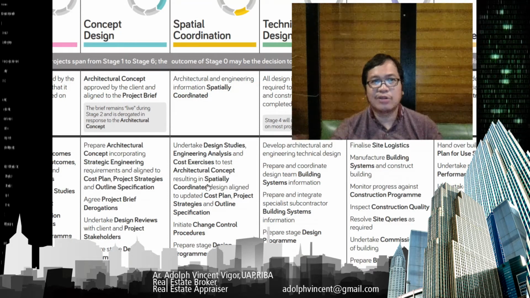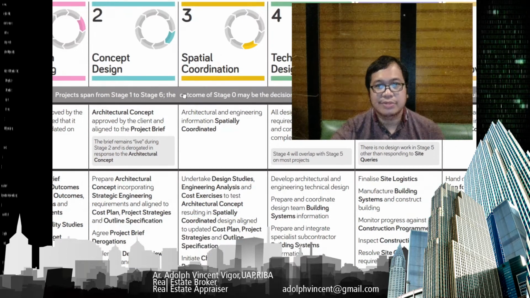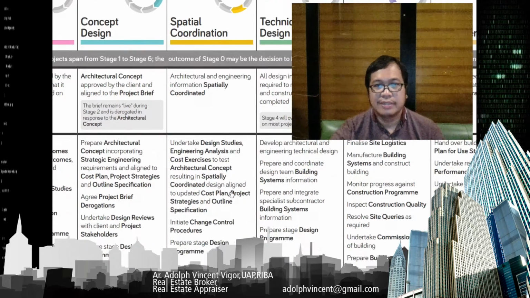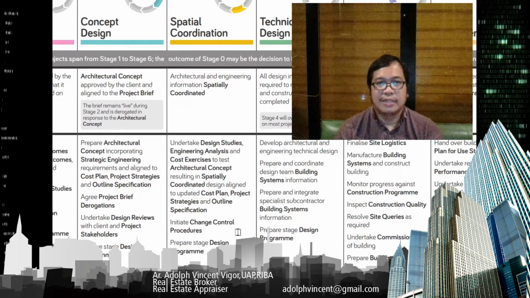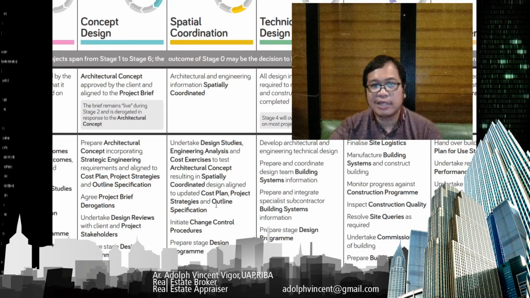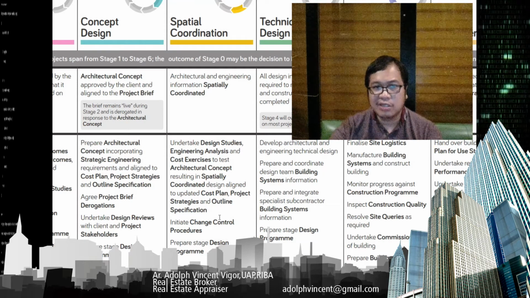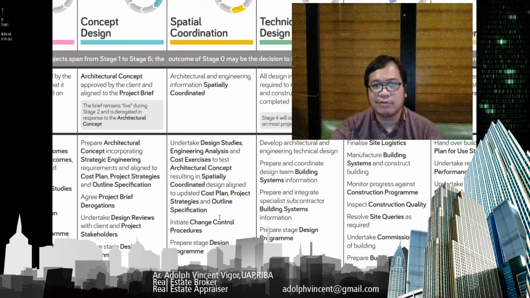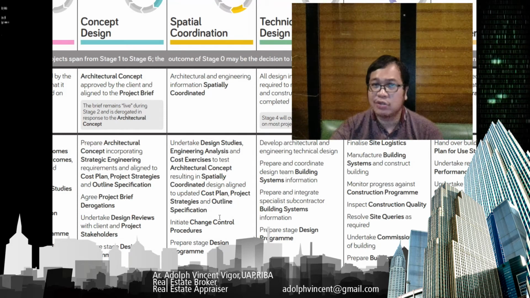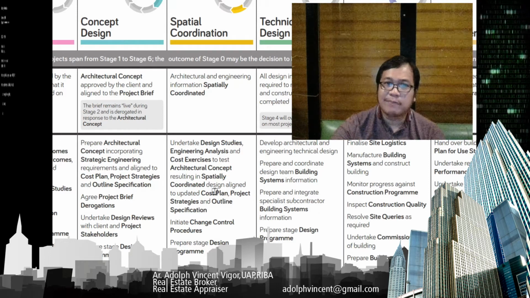The architectural concept here is from stage 2. This results in a spatially coordinated design aligned to the updated cost plan, project strategies, and outline specifications. You're going to initiate change control procedures and prepare the stage design program.